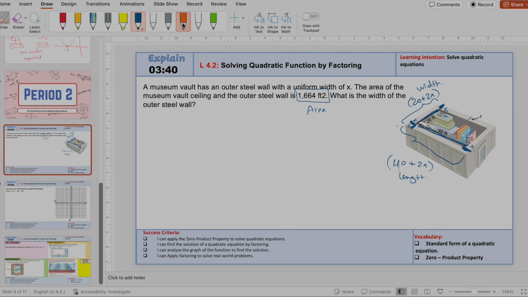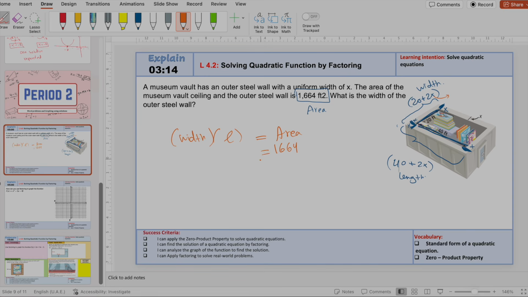Okay. Now, to find the value of x, I can use a very nice fact that they gave me the area. Wait, I'm going to write it here. They gave me the area as 1664, okay? And I know this area must equal length times width, right?